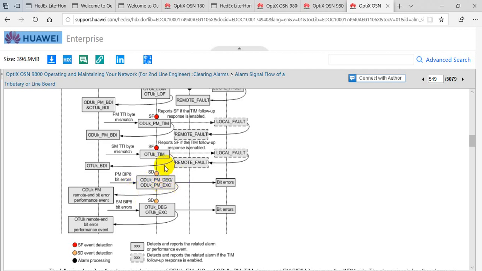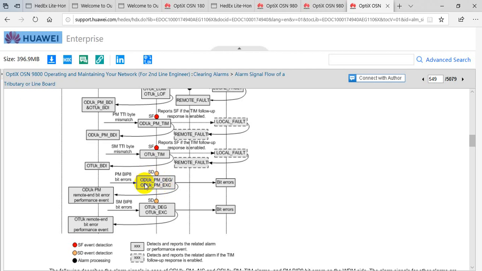These conditions are based on what type of degradation you want to check. There are 2 types, Poisson and bursty. We are not going into detail on these 2 types of alarm right now. So that is the OTN layer of alarm.